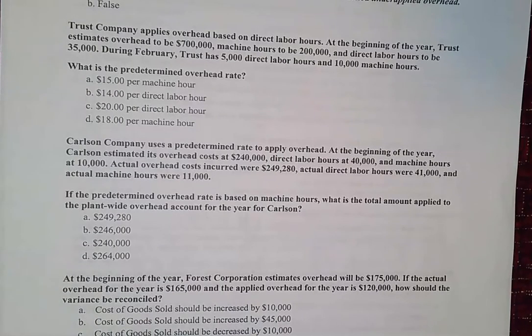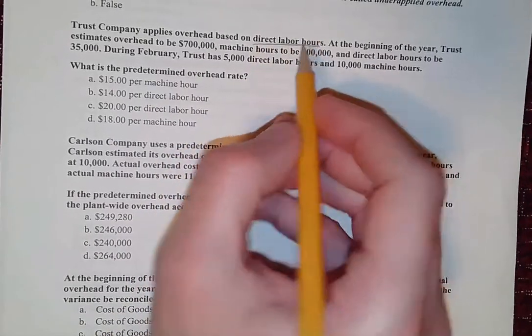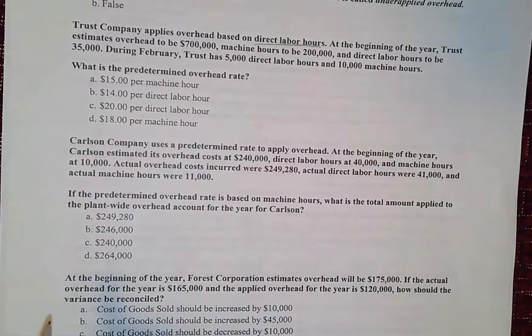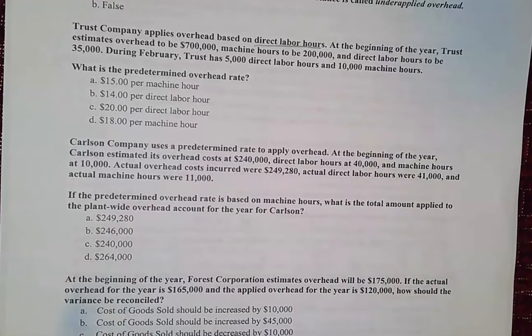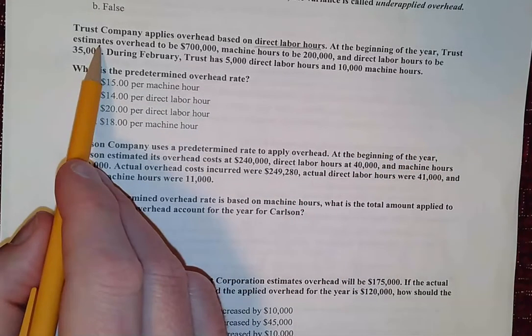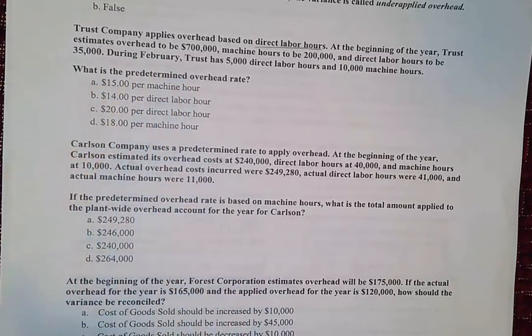It says, Trust company applies overhead based on direct labor hours. Okay, so that's very, very important information. We're probably going to want to underline that. At the beginning of the year, this is also important information, because it is at the beginning of the year we're going to estimate our total amount of factory overhead.